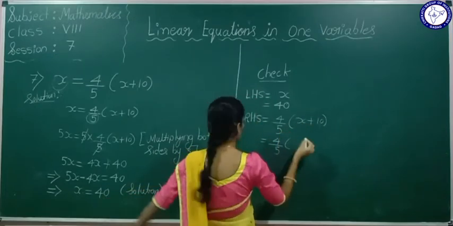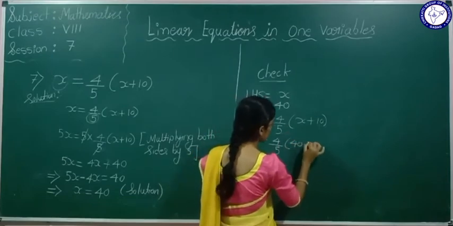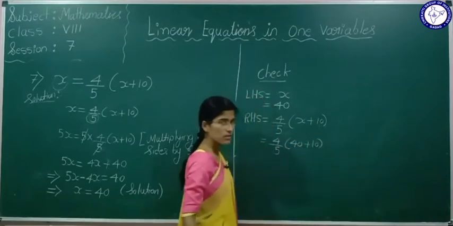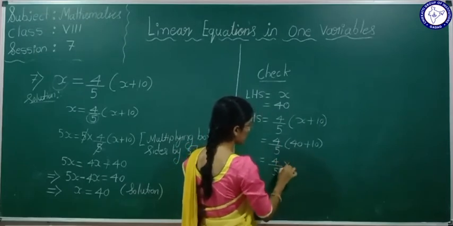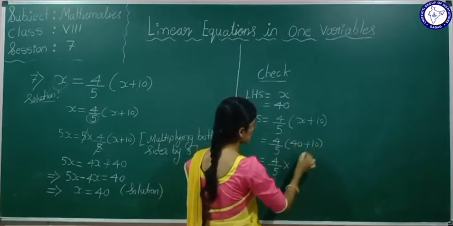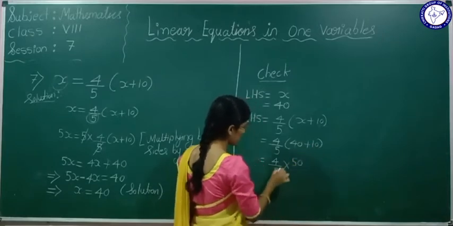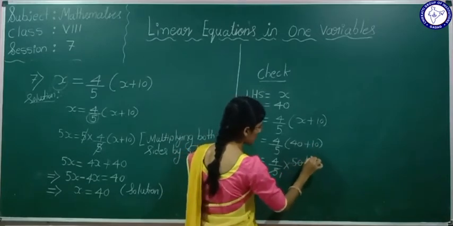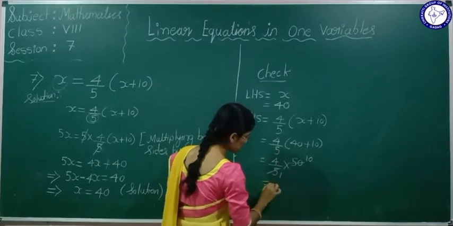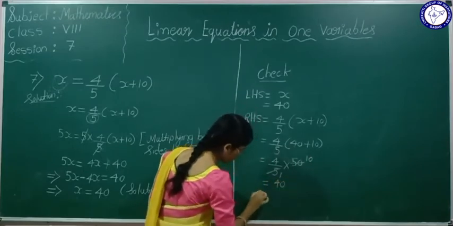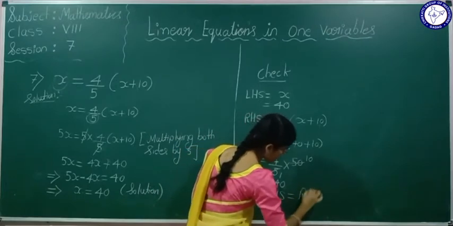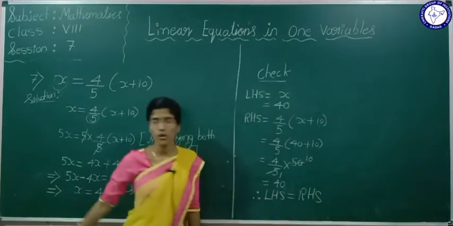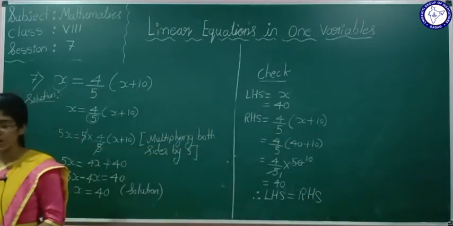The value we got here, 40. 40 plus 10. It will be 4 by 5 multiplied by 40 plus 10, which is 50. 5 ones are 5, 4 tens are what, students? 40. Therefore, LHS is equal to RHS. Yes or no? Whatever we have done here, it is correct.